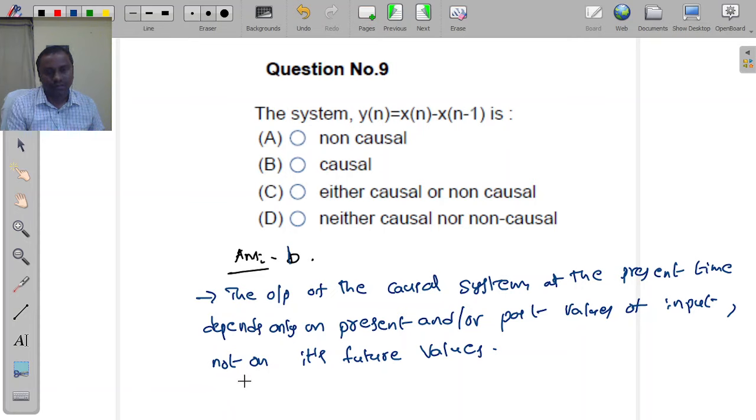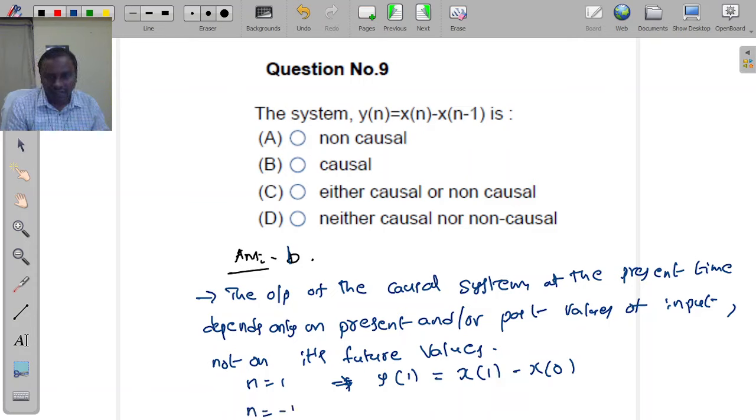Now let's take the example, some n value positive, some n value negative. N equal to 1: system y of n will become y of 1, the present nth sample, which is equal to x of 1 minus x of 0. It depends on the present and past value of the input, so it is causal.